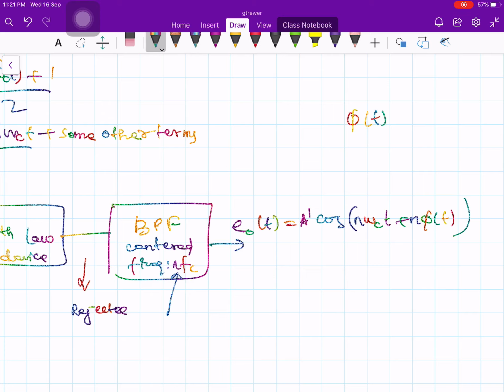Let's say if n is equal to 10 or n is equal to 100, then originally my phi of t is, let's say, 0.1. Now if n is equal to 100, then what will happen? Your phi of t becomes 10. That's it. In this case it is narrowband FM, and in this case it is wideband FM. Therefore, through the frequency multiplication process, you are converting the narrowband FM signal into a wideband FM signal.